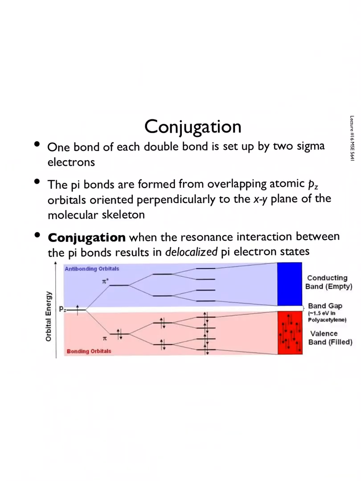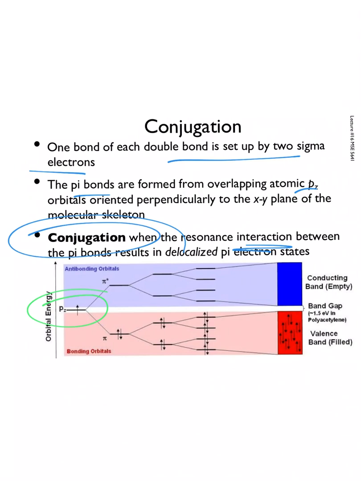And we have one bond, so we have two sigma electrons, that's the normal bond, and pi bonds made by these overlapping pz orbitals, and conjugation occurs when we have this interaction between those delocalized electrons, and it basically takes an intermediate state and inserts it so that electrons can flow from the valence band to the conduction band.